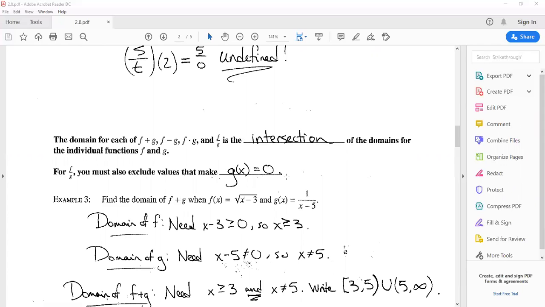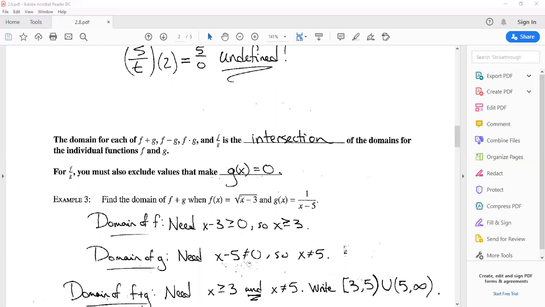Well, we'd like to find the intersection of the domains of each of these functions. So for f of x, remember, in this class, we're going to ignore complex numbers and imaginary numbers for the rest of the term. So anytime we take a square root, we need it to be of a non-negative number, because square roots of negative numbers give us this imaginary nonsense.